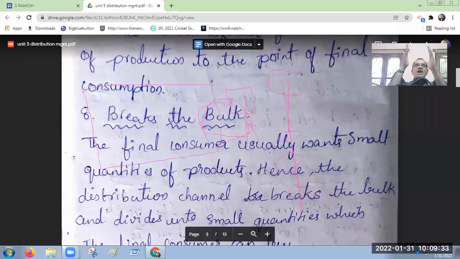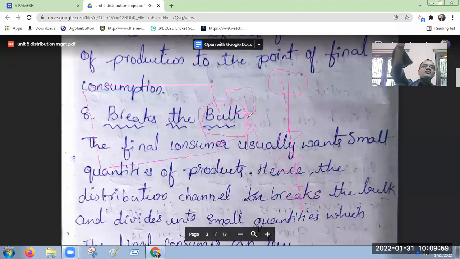The manufacturer will send in bulk to the agent, to the distribution points, and the distribution points will break the bulk into smaller units. The main edition and associated editions will be separated from the district edition, and the Sunday book also will be separated by the agent himself, or the local paper boy will separate.